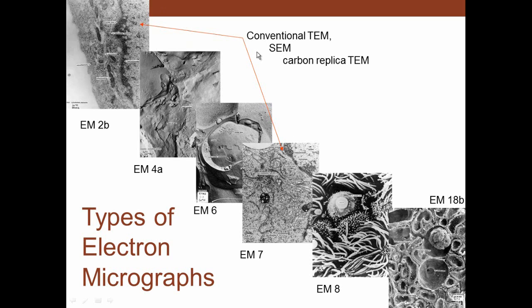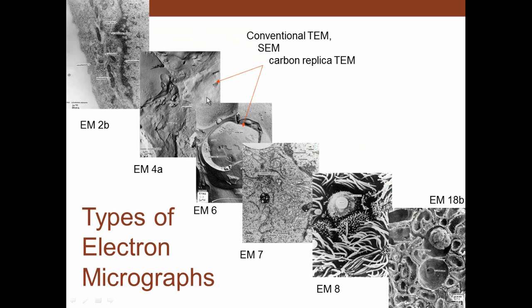So this is your conventional electron microscopy. There's also scanning electron microscopy that lets you see the surface images of things. And then there's also carbon replica transmission electron microscopy, where with conventional microscopy you actually have the tissue there. In this case, it's only the replica.